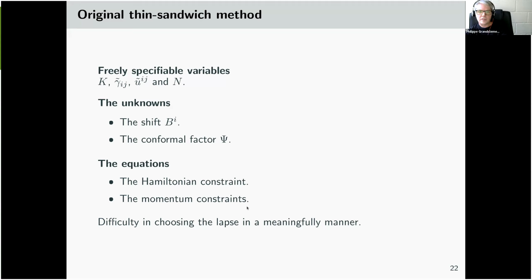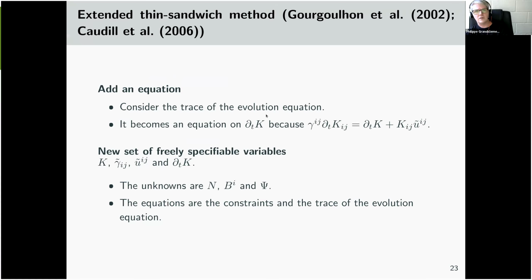It's valid, it produces initial data. The problem in that case turned out to be that it was not so easy to find a meaningful choice for the lapse. So people came up with a slight variation of this thin sandwich method, which has been called the extended thin sandwich method. And the idea is the following.